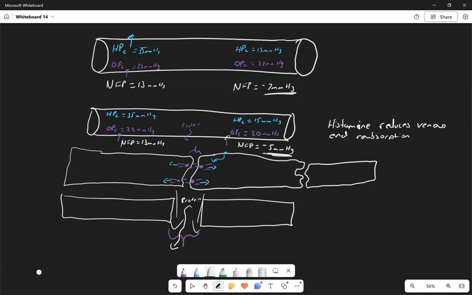Because of that, that increases the amount of fluid inside of the interstitial fluid. And it's that excess fluid that provides the swelling as part of the inflammatory response. So that's why the inflammatory response, or histamine, increases the swelling.